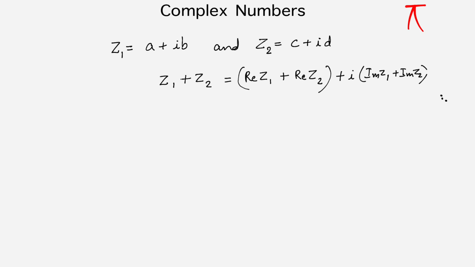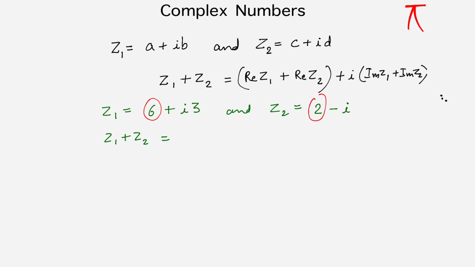Let's take one example. Given that Z1 is equal to 6 plus i3 and Z2 is equal to 2 minus iota. Now if we have to find Z1 plus Z2, then we will add the real parts together. So real parts are 6 and 2, so we will add 6 and 2 together, and then we will write iota and we will add the imaginary parts together.